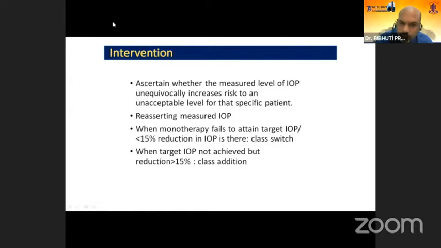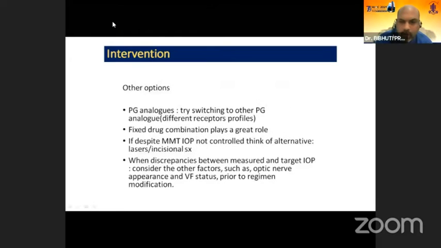When monotherapy fails to attain target IOP, we can do a class switch. Or when it does not achieve target, but the reduction is more than 15%, we can add another class of medication. We can also switch from one PG analog to another PG analog. Fixed drug combination plays a great role. If despite maximal medical therapy IOP is not controlled, think of alternatives like lasers or incisional surgery.